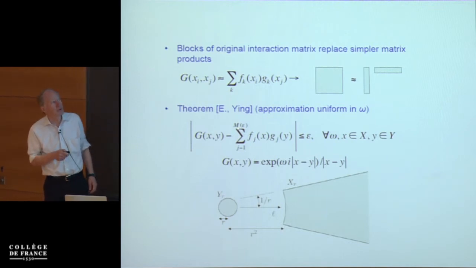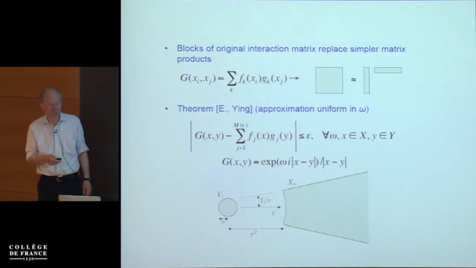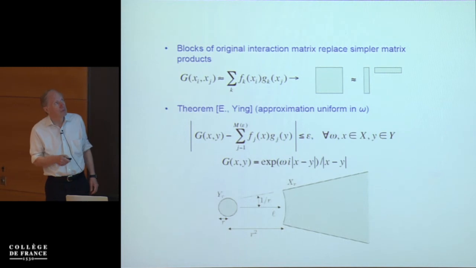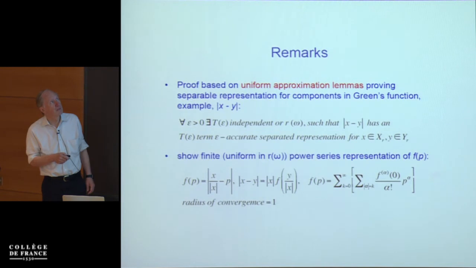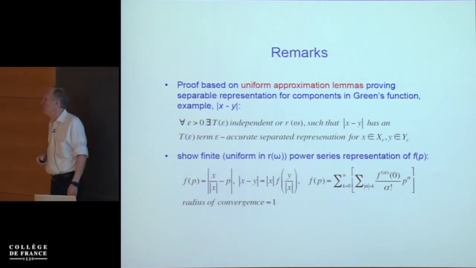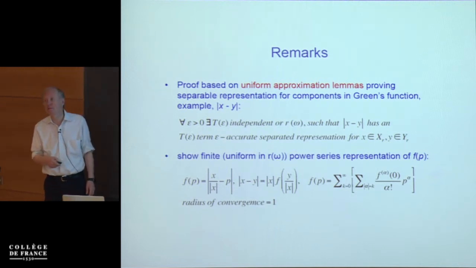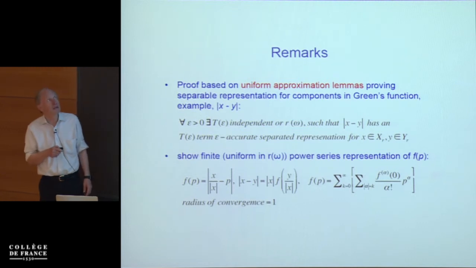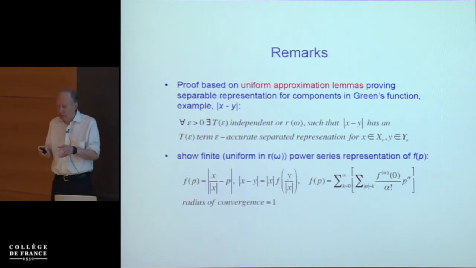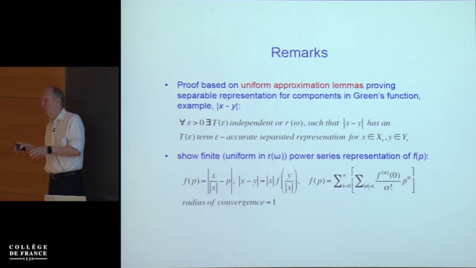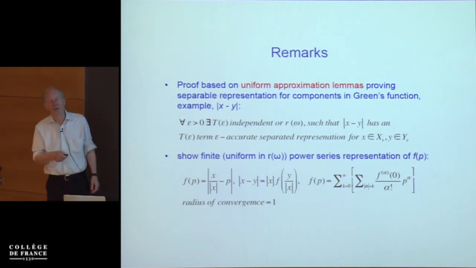This also depends rather weakly on the error that you have; it's of log form. But the important thing is that you can do this approximation uniformly. In order to prove that, what we did was to take all the individual pieces in the Green's function, the exponentials, the Euclidean norm distance, one over the Euclidean norm distance, and show for each one of them that you can have this separable uniform approximation in a finite number of terms, and then you combine them together.